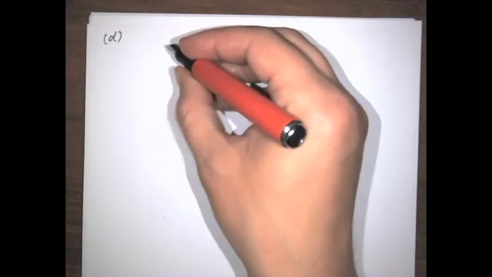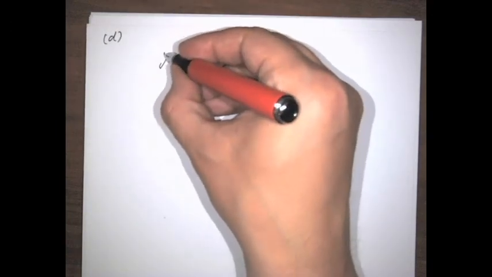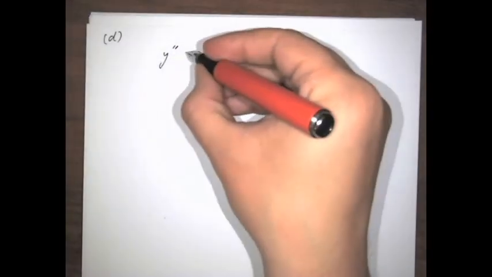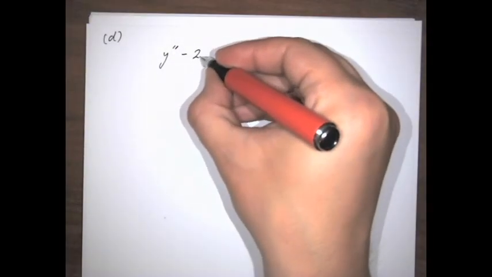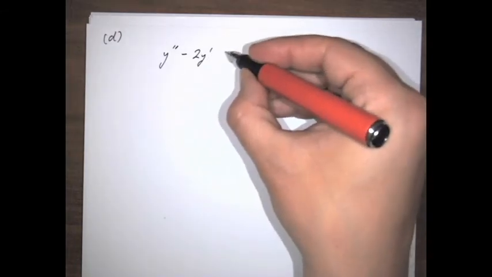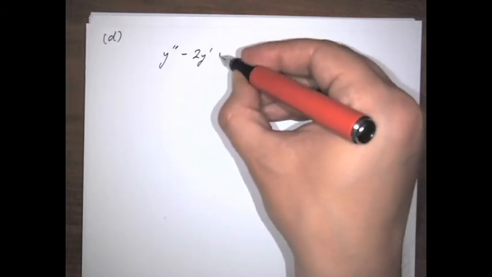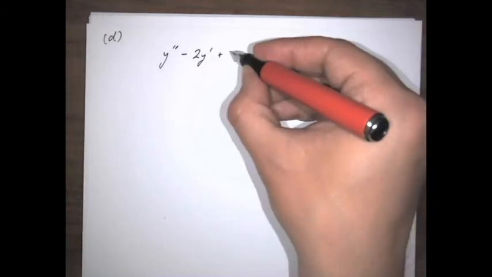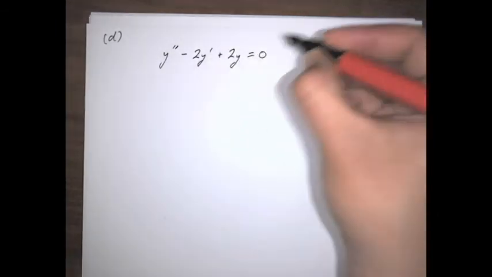Now let's see one more case, one with some complex solutions, complex roots to the characteristic equation. And so that'll be D, and let's go with something like y double prime minus 2y prime plus 2y equals 0.